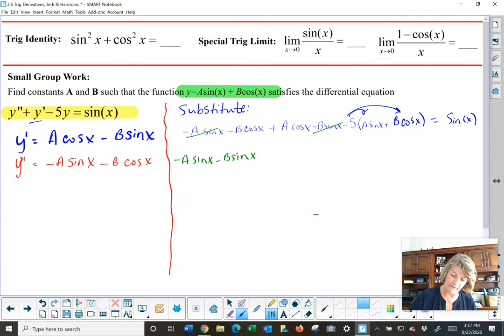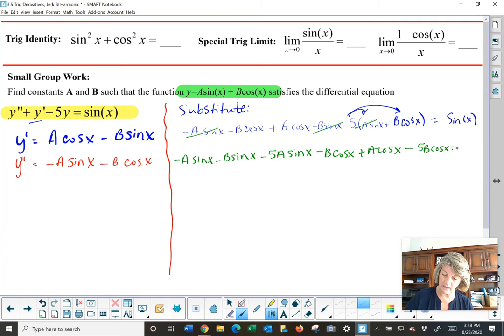Distributing negative 5 through, I'd have negative 5a sine of x. Now for the cosines, I'm going to have negative b cosine x plus a cosine x. Distribute the negative 5 through, negative 5b cosine x equals sine x.